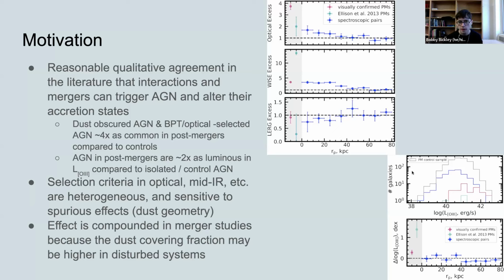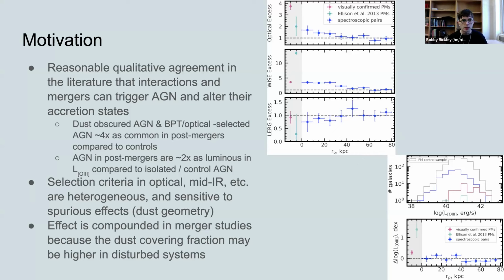A problem with this study, and you'll probably notice that even between these 2 plots there's a discrepancy, is that a bunch of our AGN in this sample drop out. And this is a result of AGN selection effects. In order to study AGN of a certain type, you have to draw all of these lines, many of them somewhat arbitrary, to select AGN of a particular type that are convenient for you to study.